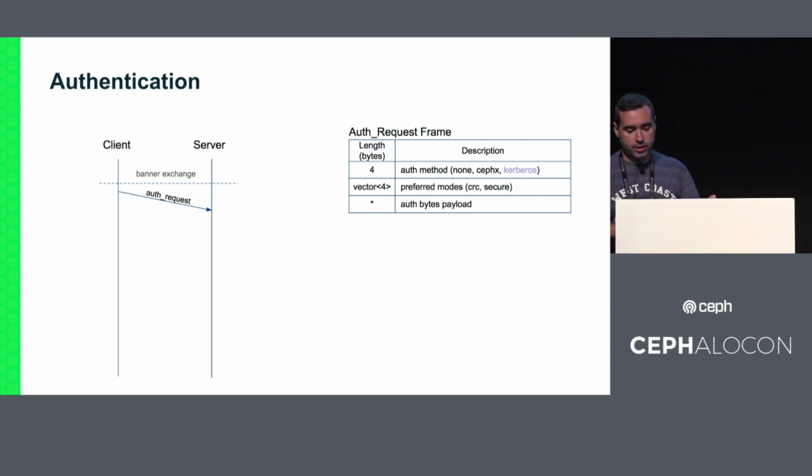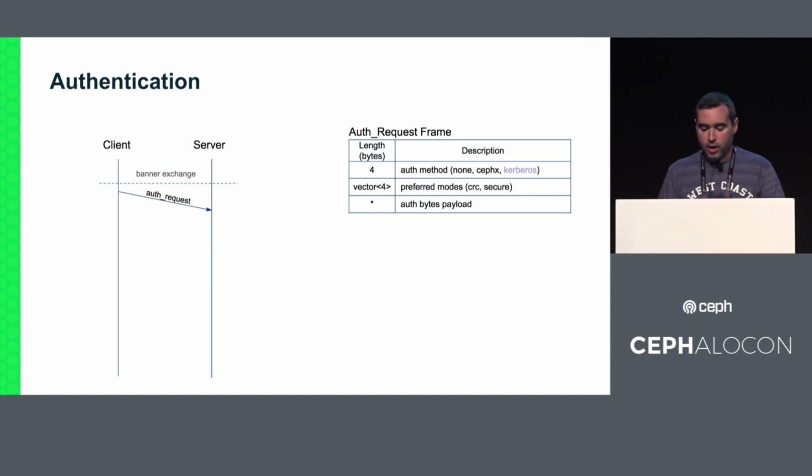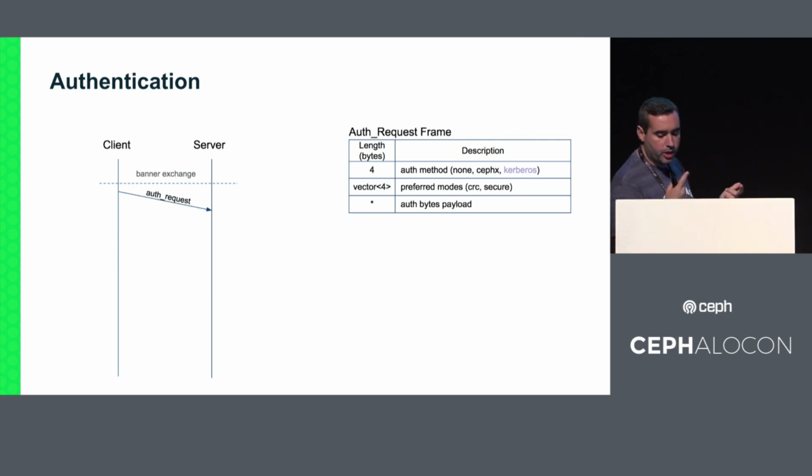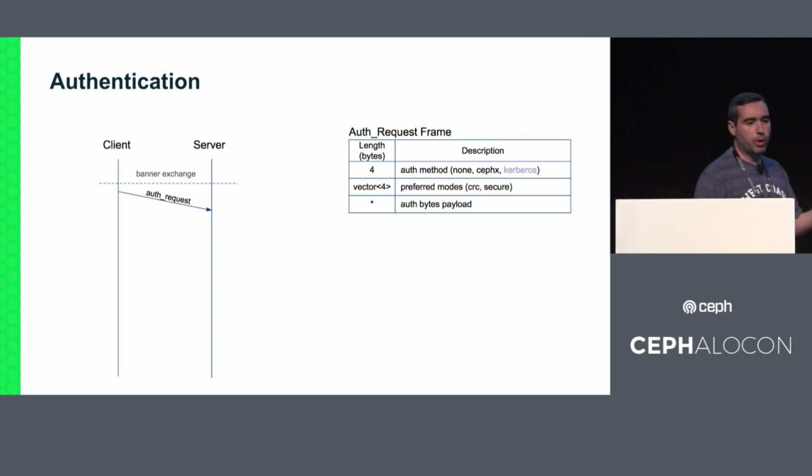Or using Cephx, which is what's implemented, and maybe in the future a Kerberos authentication scheme. After the authentication method, we specify the preferred modes of the connection. Currently, we only have two, CRC or secure.